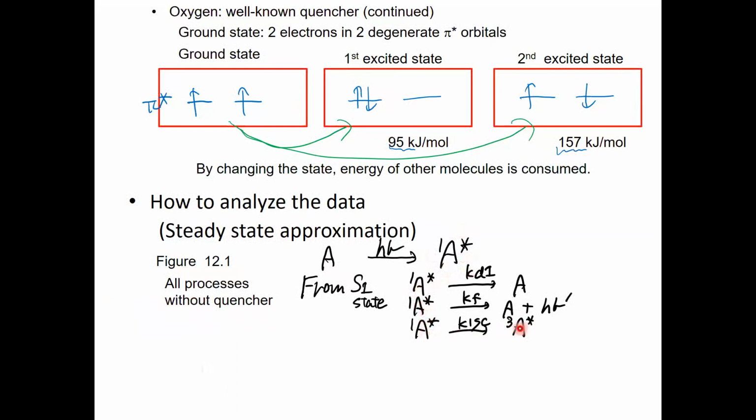And then here, at first we think about several kinetic processes. For example, initially the molecule is excited to the singlet excited state, and from the singlet excited state, due to internal conversion, it decays, and the fluorescence emission decays, and also intersystem crossing changes it into the triplet excited state, like this.